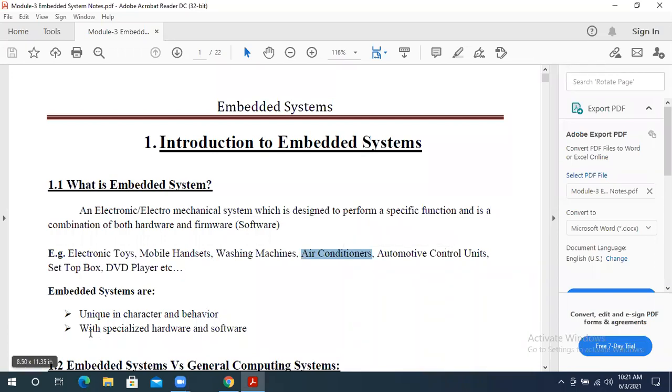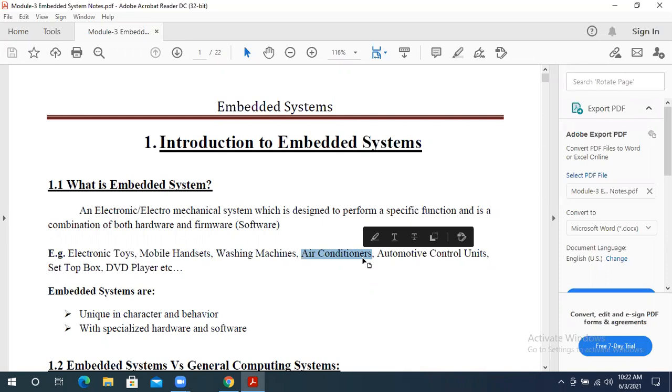The second one is they can have specialized hardware and software, because for a washing machine we use different mechanical parts, and for an AC we use different mechanical parts. Depending upon the hardware we use the software there. For a washing machine we use software which is going to wash your clothes, and for an AC we use software that controls the room temperature here. So it has unique character and behavior. That is the first point.